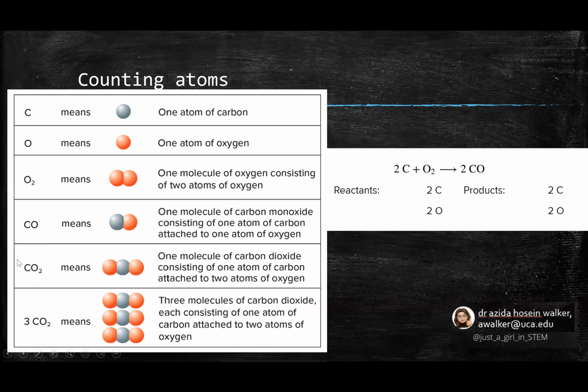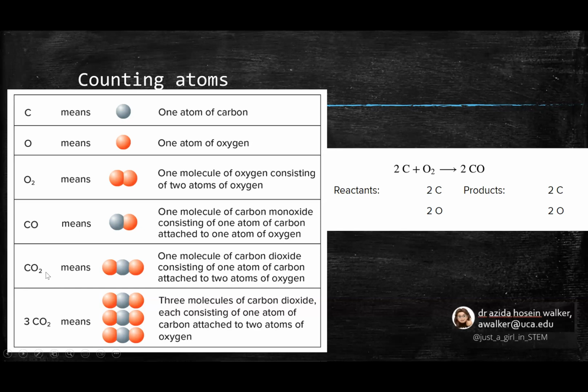CO is one molecule of carbon monoxide. CO2 is one molecule of carbon dioxide. In this molecule of carbon monoxide, we have one carbon atom, one oxygen atom. And that's a whole different molecule from the carbon dioxide, which is one atom of carbon and two atoms of oxygen. Carbon monoxide is harmful to humans.